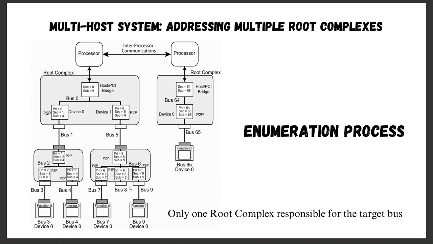The software assigns it a bus number range that does not overlap with the first root complex's numbers. By ensuring non-overlapping bus numbers, both root complexes can operate without conflict, even though they see the same configuration requests.